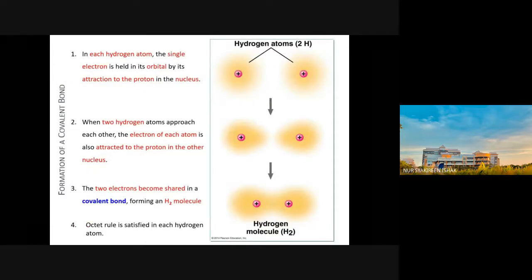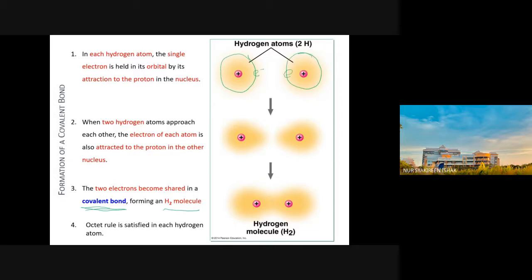In this diagram, it shows you how a covalent bond is formed between hydrogen atoms within a hydrogen molecule. One hydrogen molecule will have 2 hydrogen atoms that are bonded to one another through the formation of a covalent bond. For each of the hydrogen atoms here, it will have 1 electron.